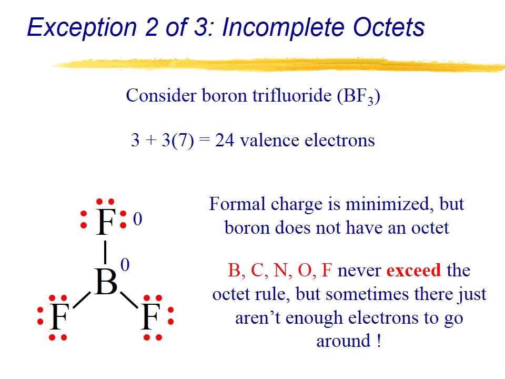As a result, boron, carbon, nitrogen, oxygen, and fluorine will never exceed the octet rule. But if getting to an octet gives you a really unfavorable formal charge distribution, not hitting 8 is okay. It's fairly rare. It usually happens with boron and beryllium.